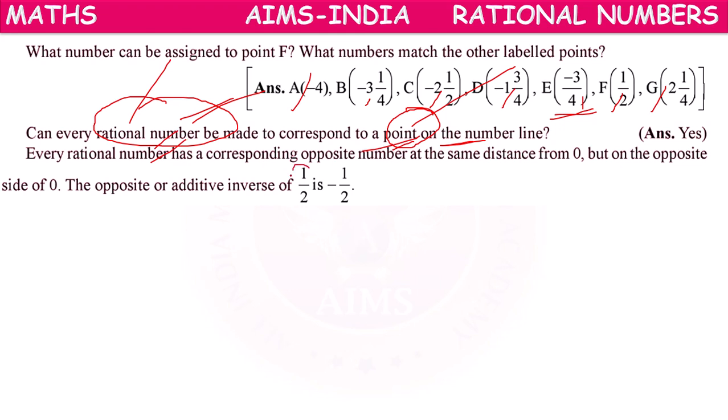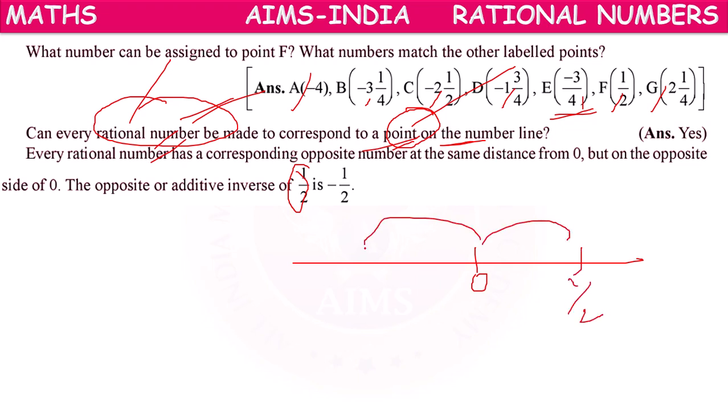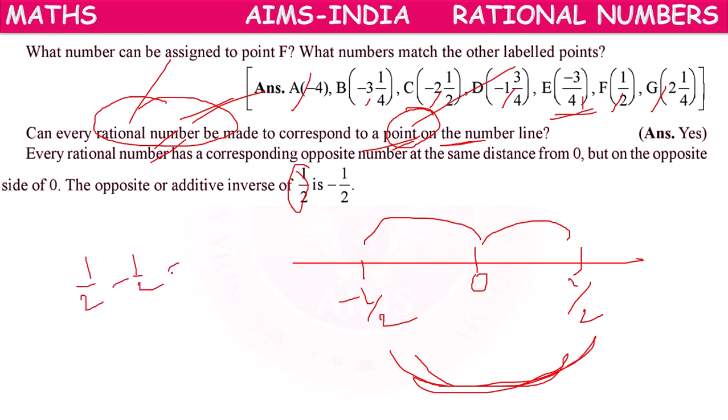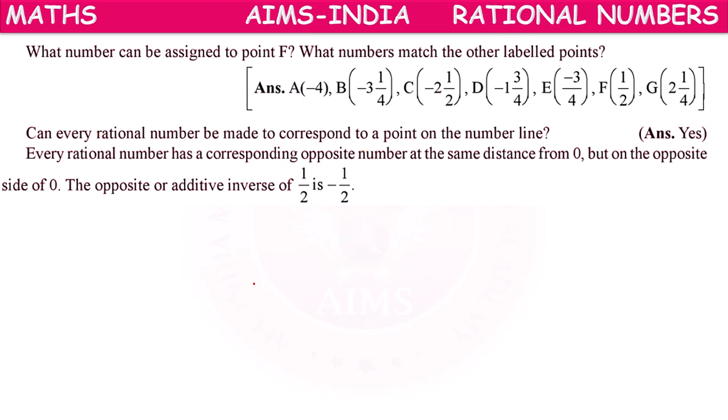So for every 1 point on the right hand side, exactly at the same distance, the corresponding point will be on the left hand side, but both of them will be additive inverse to each other. Means if we add both of them, the value will be 0. So like that, all rational numbers will be located on the number line.